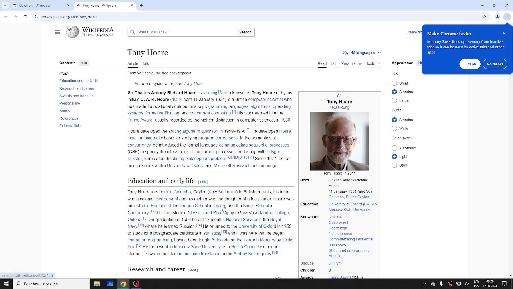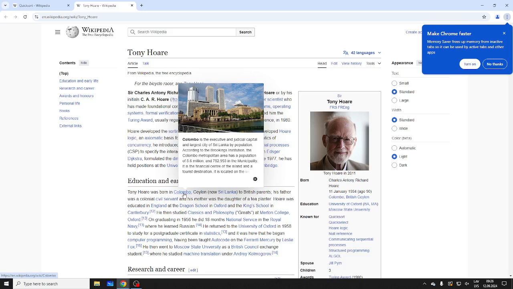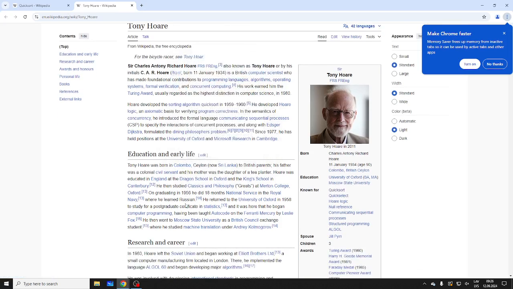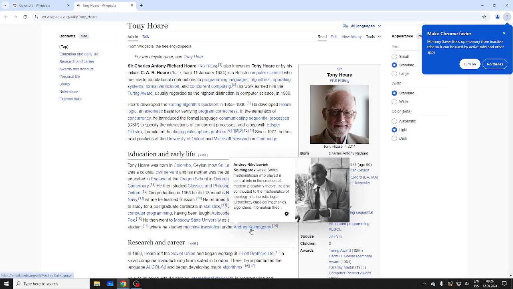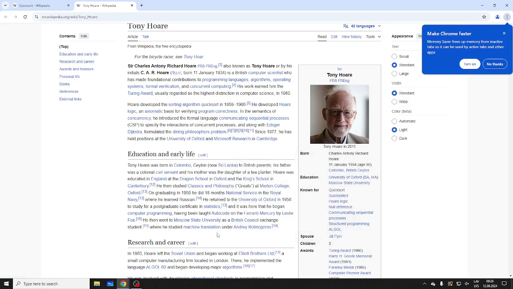He went to Oxford, and he worked under Kolmogorov, who is very influential, probably one of the greatest mathematicians of the 20th century. You might have heard of Kolmogorov complexity.